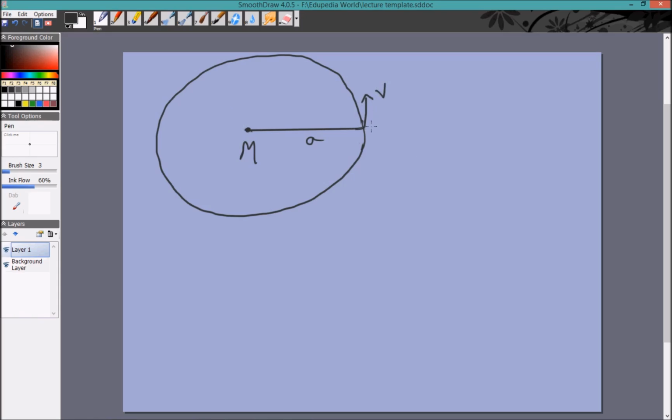This planet of small mass m is moving with the speed v. So this is a standard, very simple problem of circular motion. The force in this case on this particle will have a magnitude equal to GMm by a squared, but that has to also be equal to mv squared by a, because the radius is a in this case.